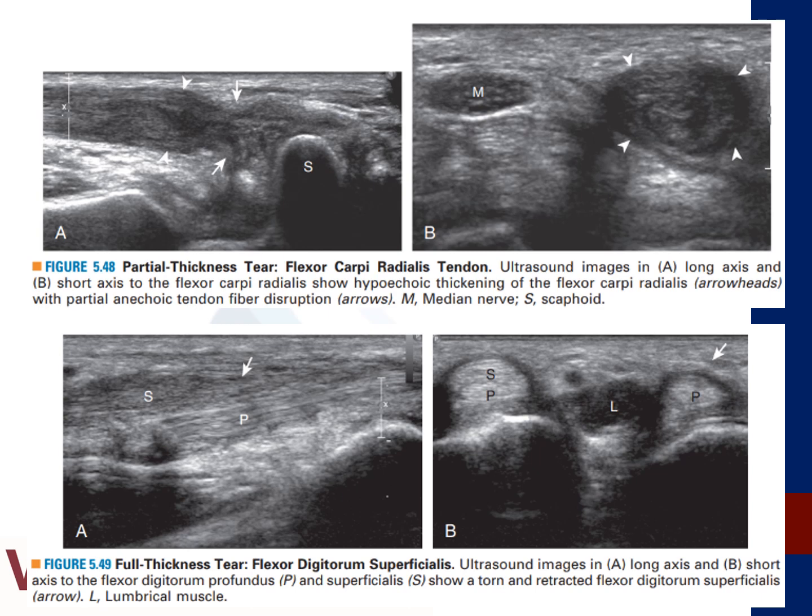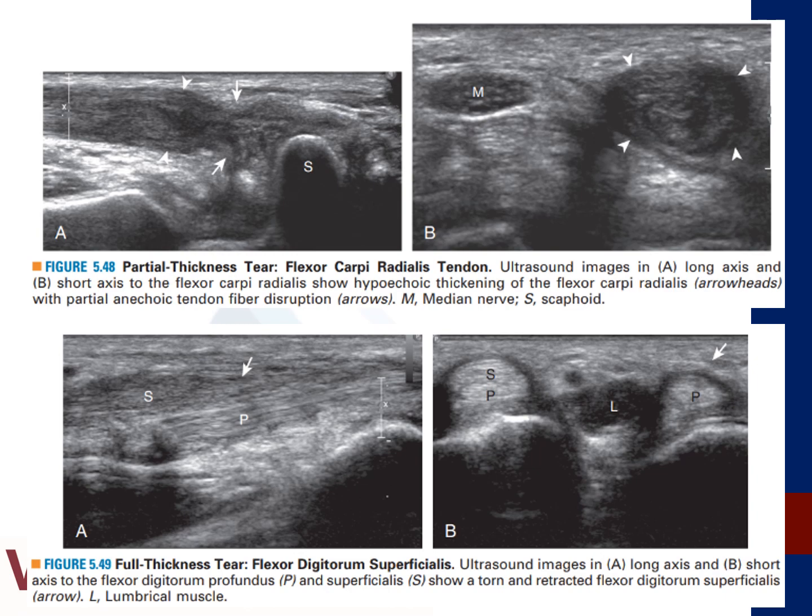The below image represents a full thickness tear of the flexor digitorum superficialis, again in a short and long axis. Figure A shows the proximal retraction of the superficialis tendon, and figure B demonstrates its absence in comparison to the adjacent digit.